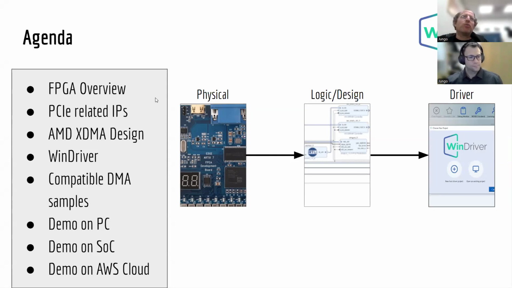So we're going to quickly go over the first two layers, which are not part of WinDriver originally, but are also an important part of the hardware development process. And then we're going to, of course, touch mostly on the driver side, which is our product, because we are a driver development SDK.